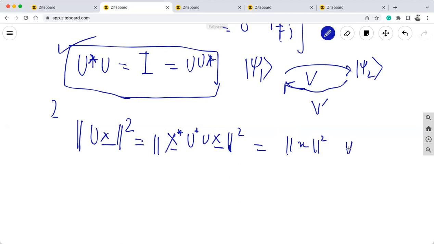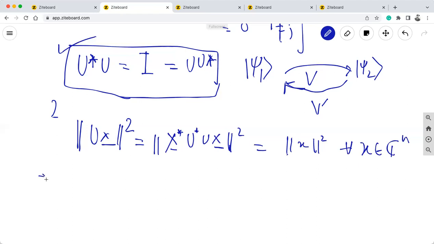For any vector belonging to Cn, compatible with the multiplication with U, this should be satisfied. This is called the norm preserving property of the unitary operator.